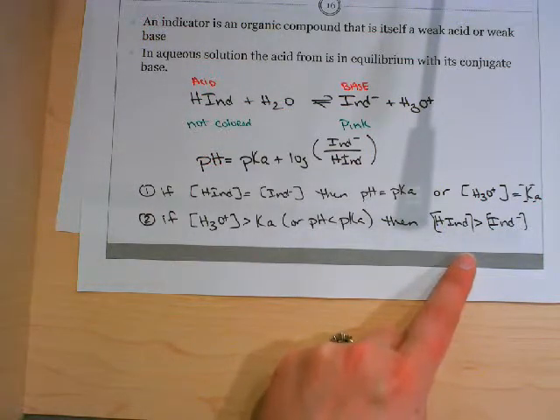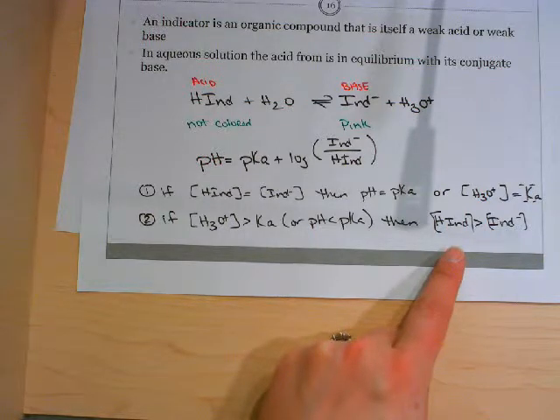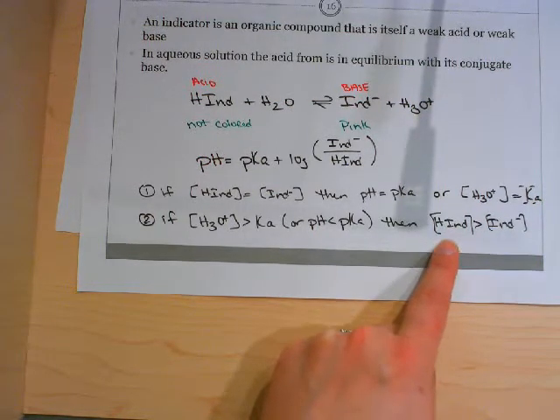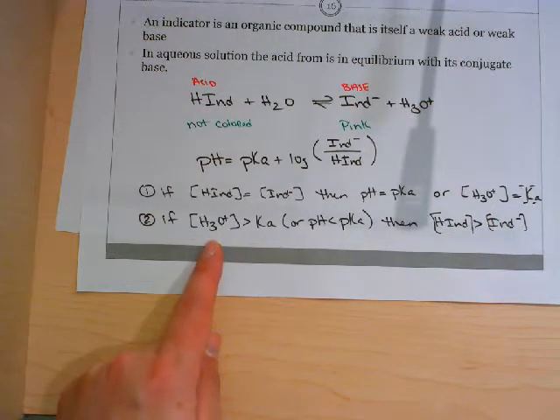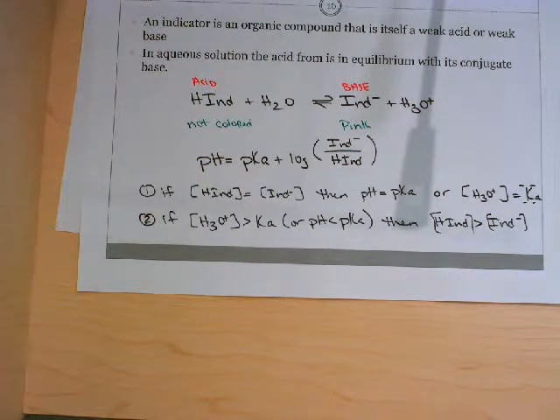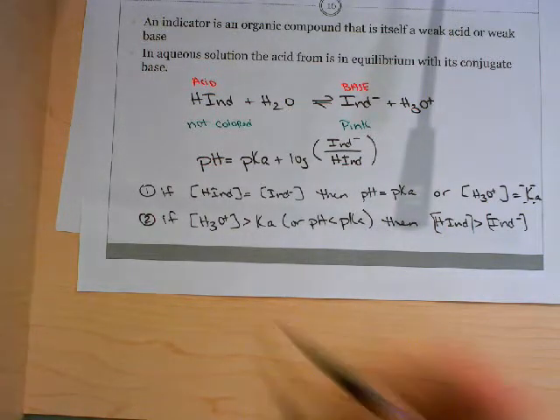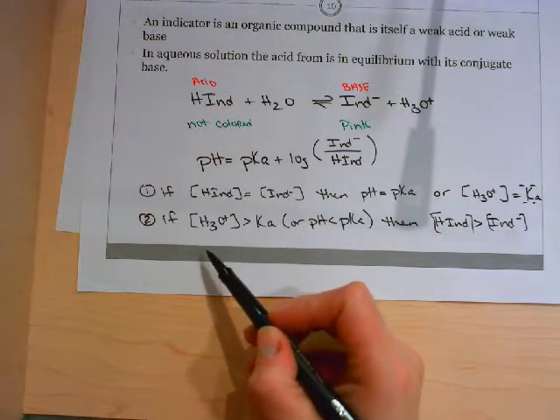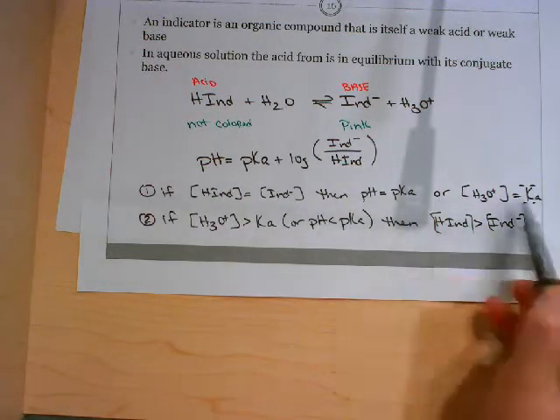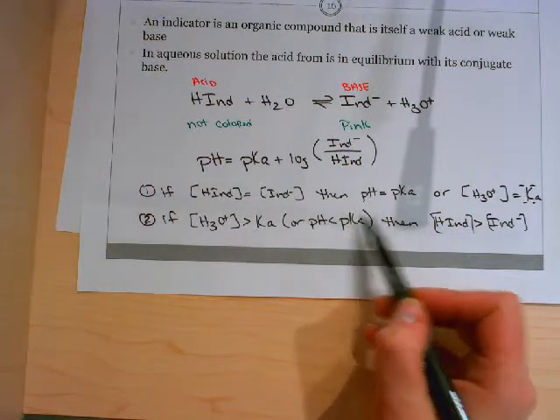What's the color of your solution then? Clear, right? Because we're at the point that it's still not colored. So you haven't added enough base to get it to turn over yet. There's still a lot of acid in your solution, so nothing's happening. So this is really what happens first, right? Nothing's happening. Then you get to the point, this point right here, where the pH equals the pKa.